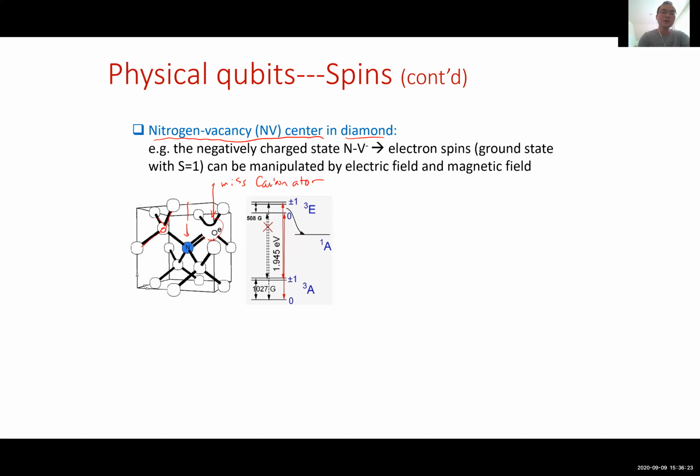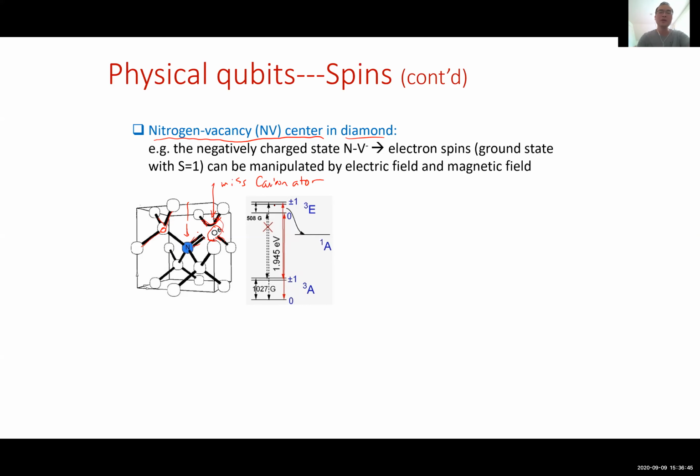And on this structure, nitrogen would have 2 unpaired electrons. And this vacancy, there are actually 3 electrons, but 2 of them will form bonding, and there will be 1 unpaired electron here.